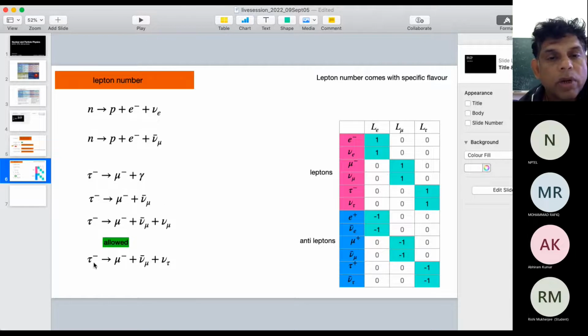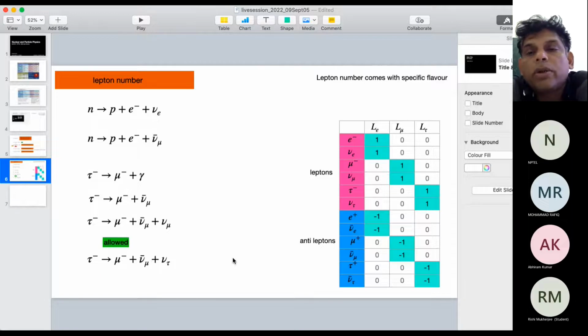That's why only the last equation is allowed. In the last reaction, the tau lepton number is 1 initially. Then on the right hand side, there is a muon and an anti-muon, so their lepton numbers cancel, and there is a nu tau, which has lepton number 1. So it matches.